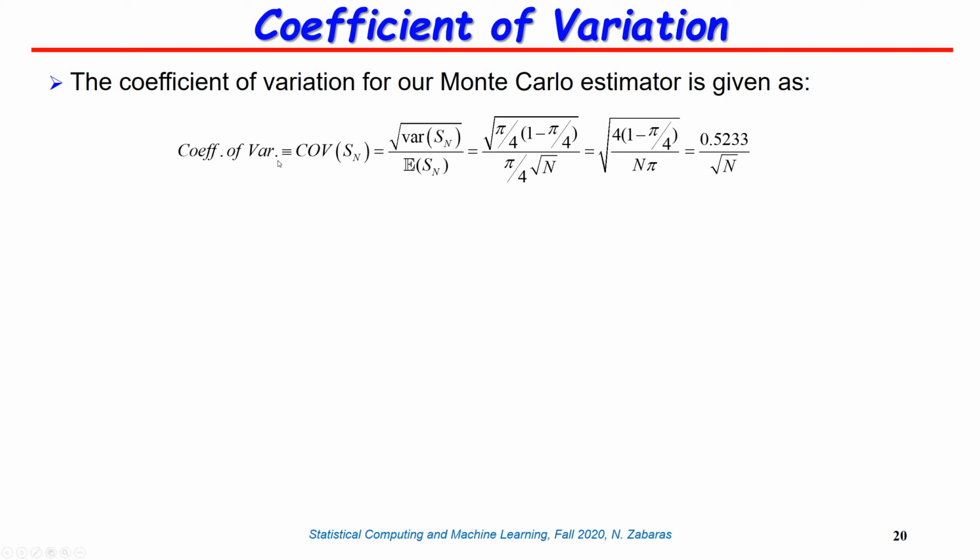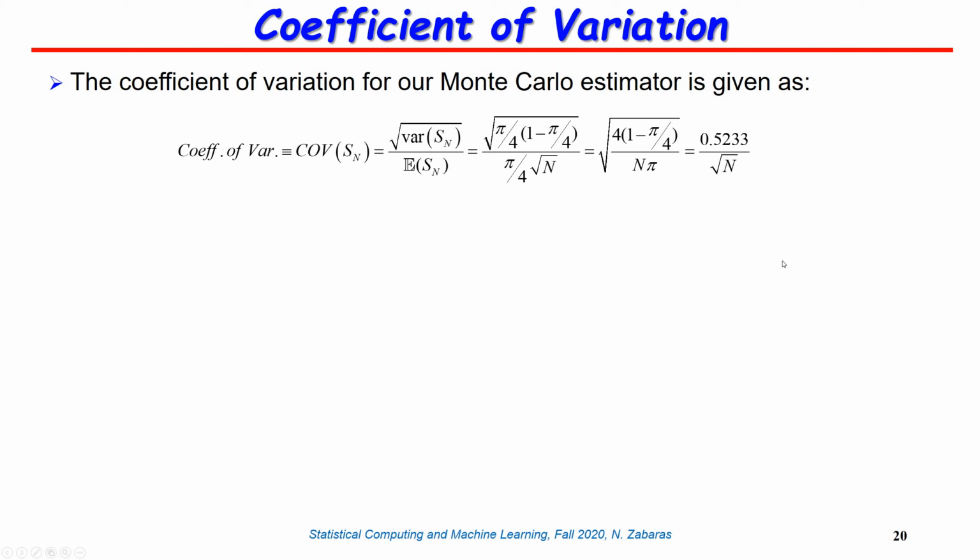And in our case, the coefficient of variation is the standard deviation of my estimator, and that is, you remember, the square root of pi over 4 times 1 minus pi over 4, divided by n, square root the whole thing. And then the expectation of Sn, which is the probability that I will hit the circle, is pi over 4.